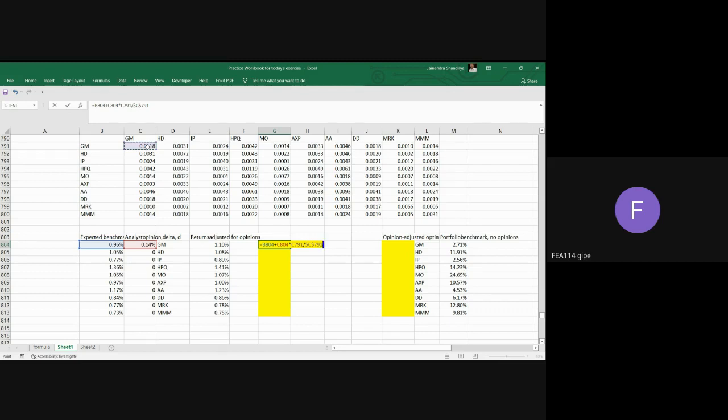And then C804, this also is going to be constant across, because this incremental return is the same across all. And if I press enter, it gives me 1.10. So it means my formula is fine. But this anyway you knew.